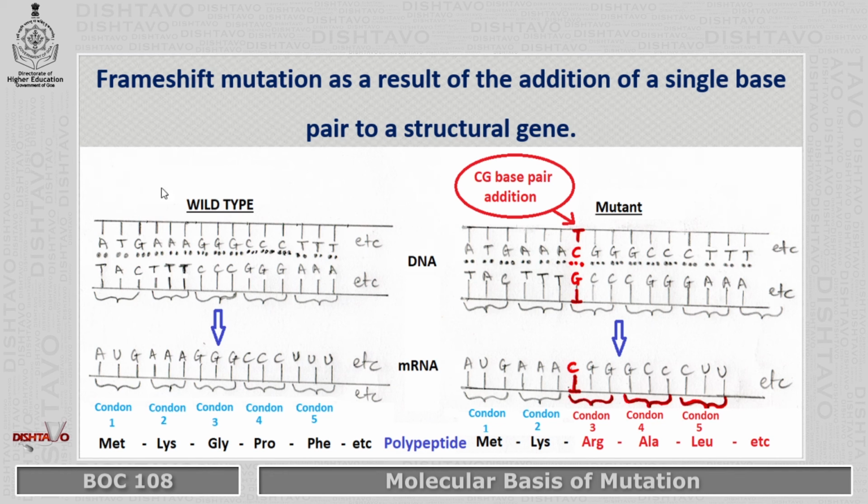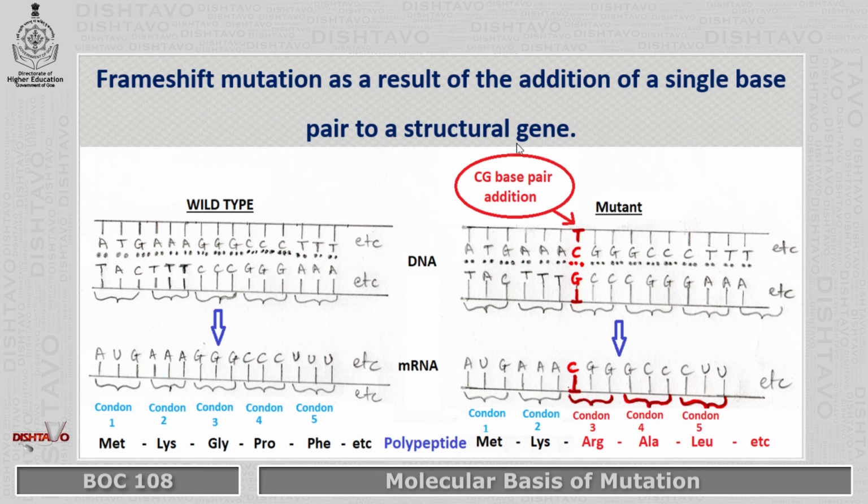In the wild type, this is the reading frame in the mRNA, which has been transcribed from this DNA. AUG, which will code for methionine, forms codon 1. Then AAA, codon 2, codes for lysine. GGG, codon 3, codes for glycine.